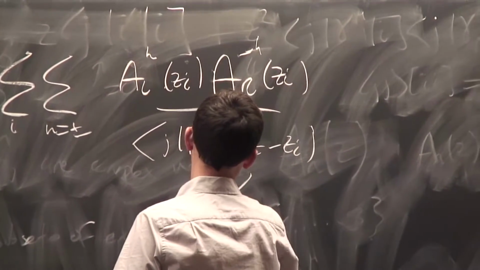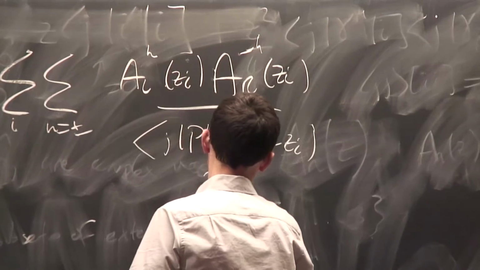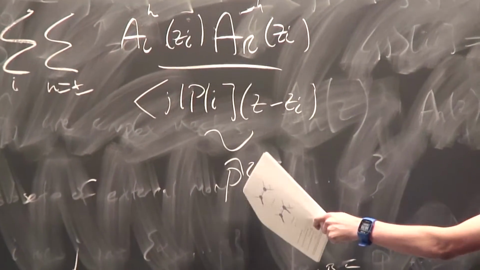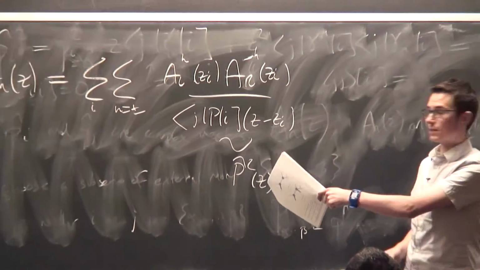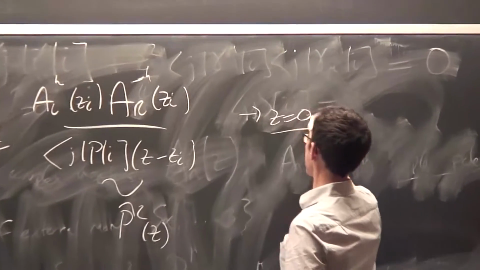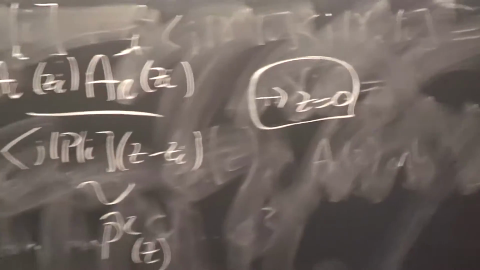This whole thing is just p hat squared of z, and so the physical amplitude occurs at A of 0, where this just goes back to the original momentum. So we put z equals 0 to get the physical amplitude that we want at the end.